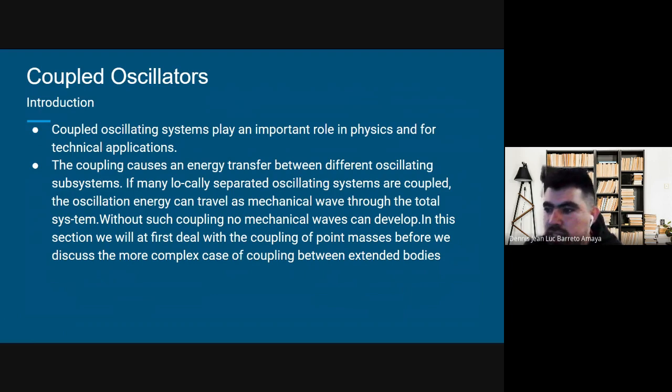The oscillation energy can travel as a mechanical wave through the total system. Without such coupling, mechanical waves could not develop. In this section, we first deal with the coupling of point masses, before we discuss the more complex coupling between extended bodies.